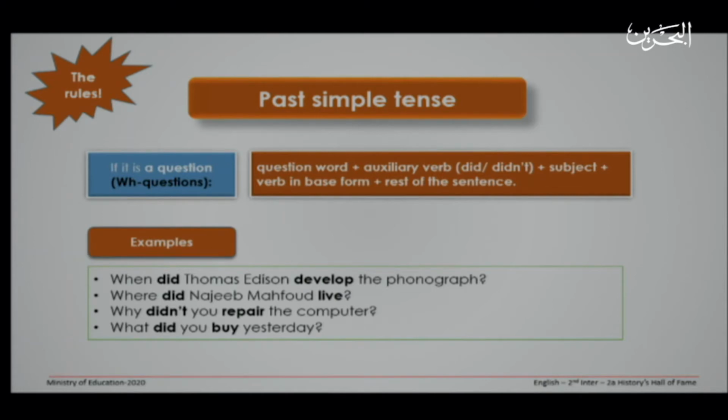Examples for WH questions in the past form are: when did Thomas Edison develop the phonograph? Where did Najib Mahfouz live? Why didn't you repair the computer? What did you buy yesterday?